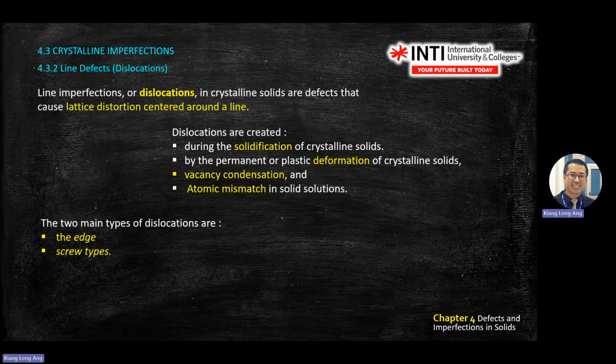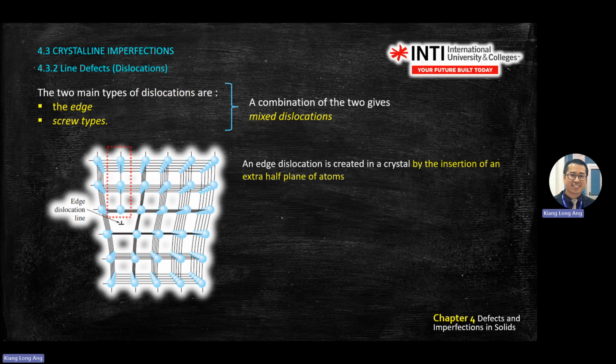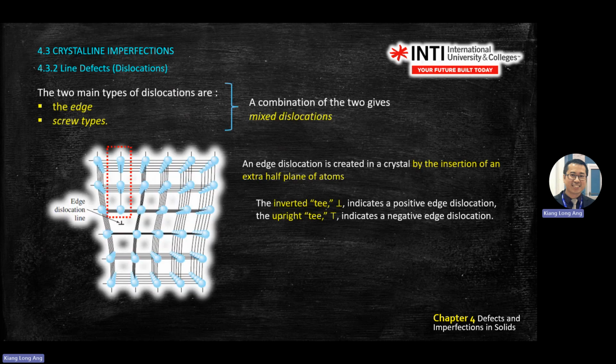There are two types of line defect, edge and screw types. I'll show you all the diagrams. Okay, so this is the edge. What do I mean by edge? You see there's a missing line of atoms here.